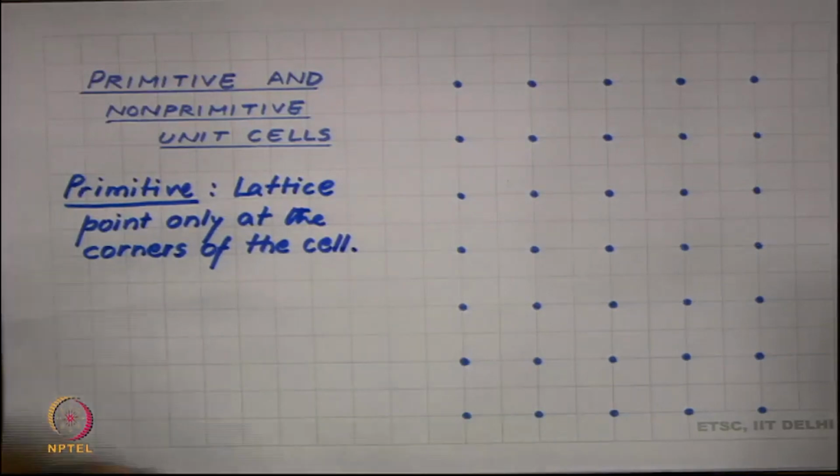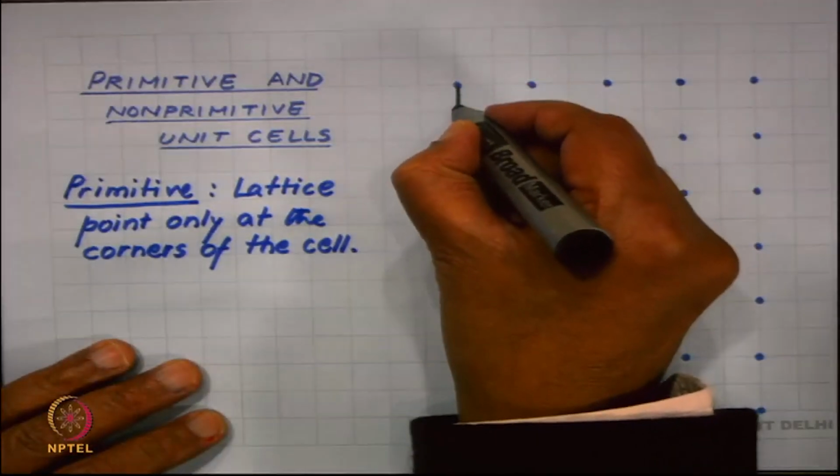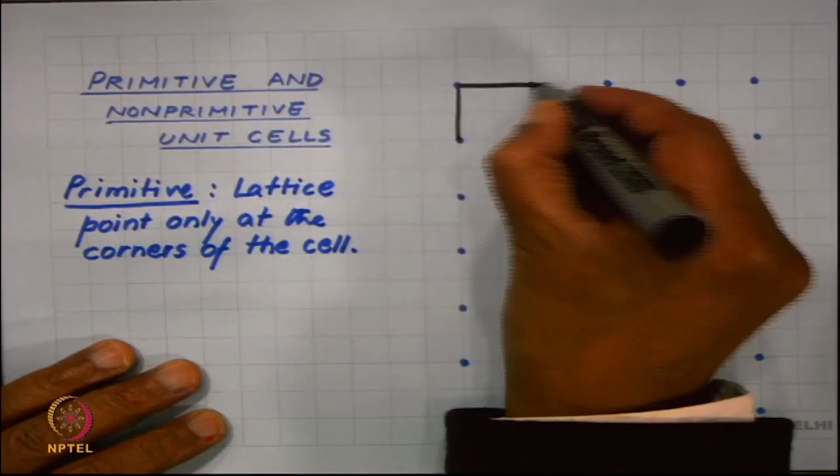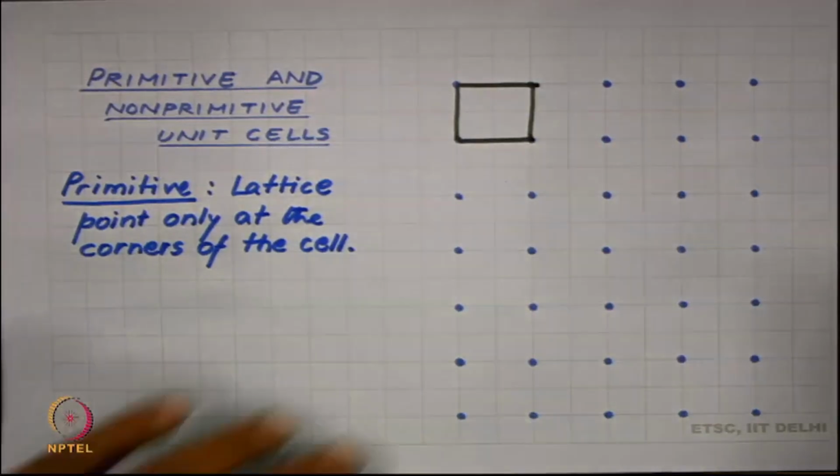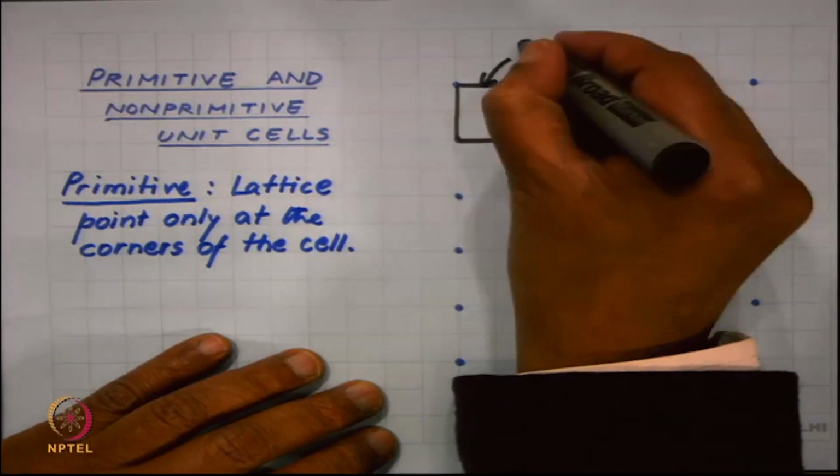So, we have already seen, for example, that the square unit cell which we selected will qualify as a primitive unit cell.